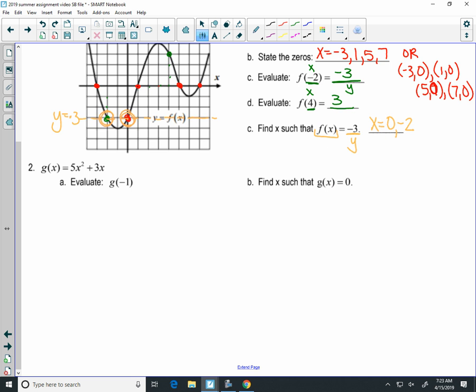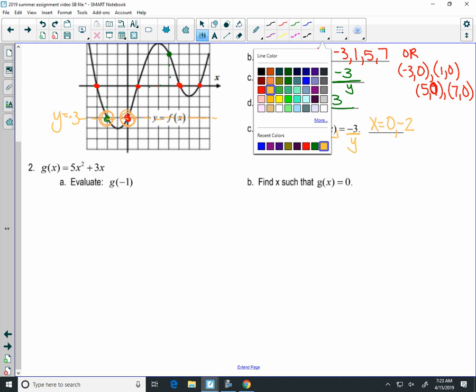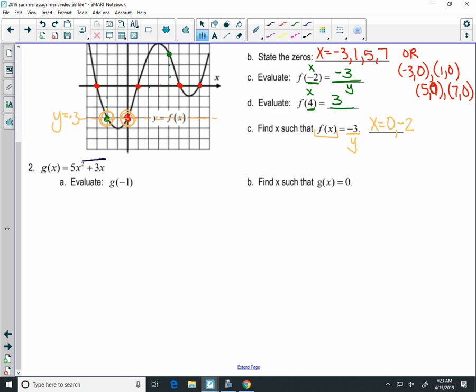Couple more function notation problems. Now we're switching from using a graph to using an equation. So here's our equation that we're using. G of x is equal to 5x squared plus 3x. The first problem gives us the x value and we want to find the y. So g of -1, I'm going to put that -1 in everywhere I have an x.